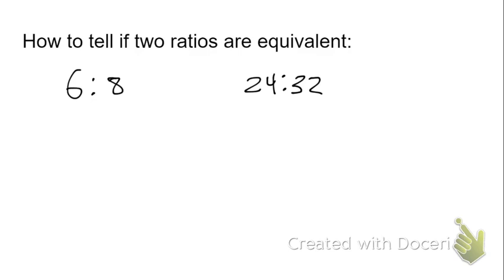On your assignment for today, you guys are going to have to be able to tell if these two ratios are equivalent or not. And you got to make sure you explain why. So I want you guys to think about it real quick. I'll pause the video also. How can we tell if these two ratios are equivalent? You guys can pause the video.